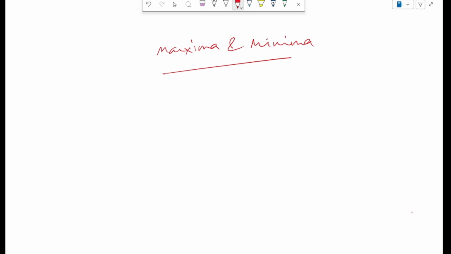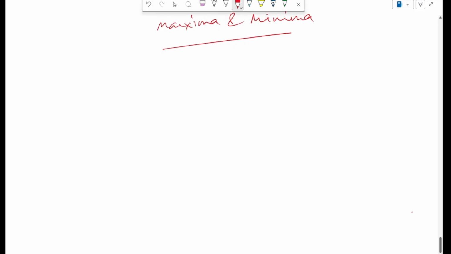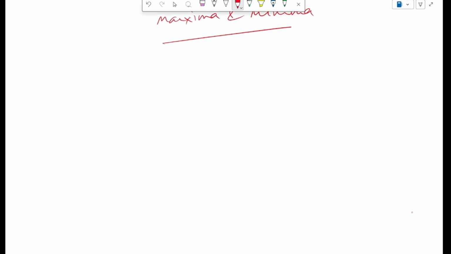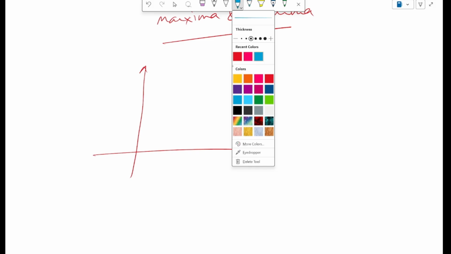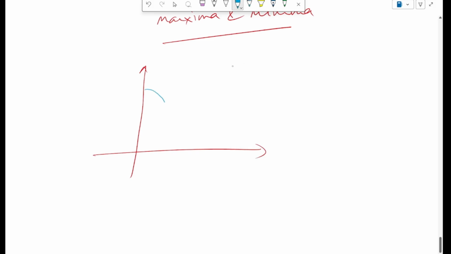First, let me draw a graph, then we will understand what I am trying to explain here. Let's draw a graph. This is a function, f(x).